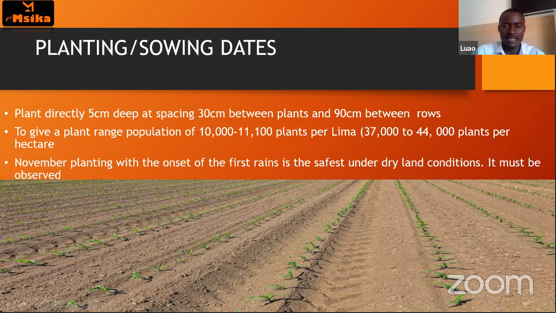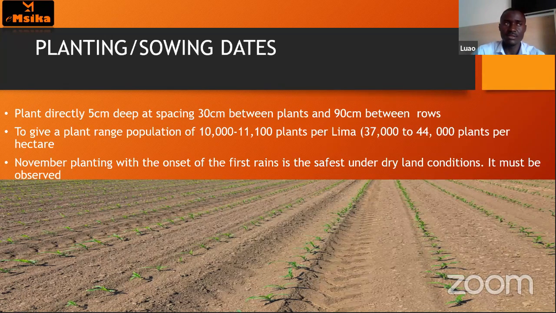When you plant at 30 by 90 centimeters, you have a population of about 10 to 11,000 plants per lima. We'll talk more about the lima and the lima pack which we are offering to farmers at the end of this program. So we have about 10 to 11,000 plants per lima, which results in a maximum of 44,000 plants per hectare.